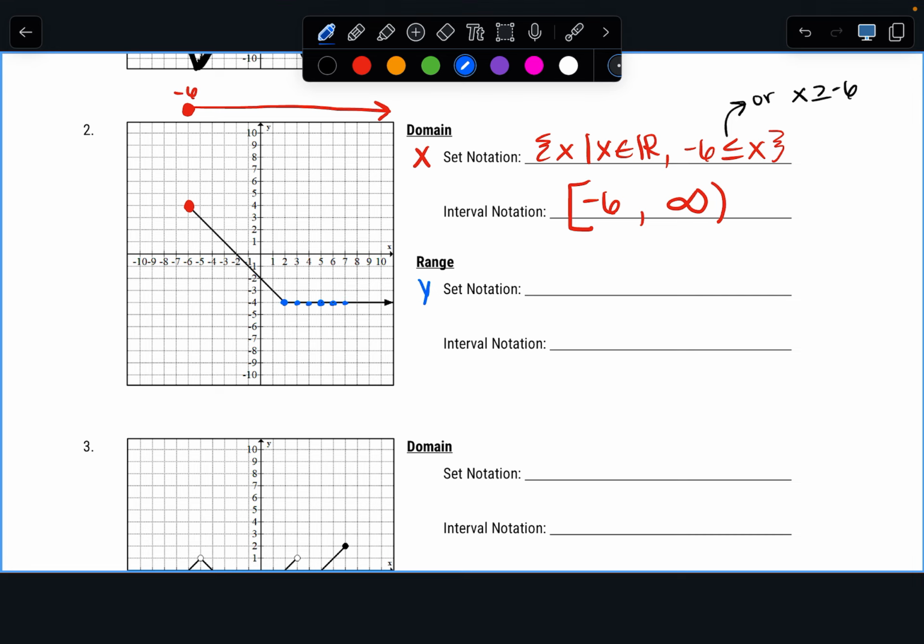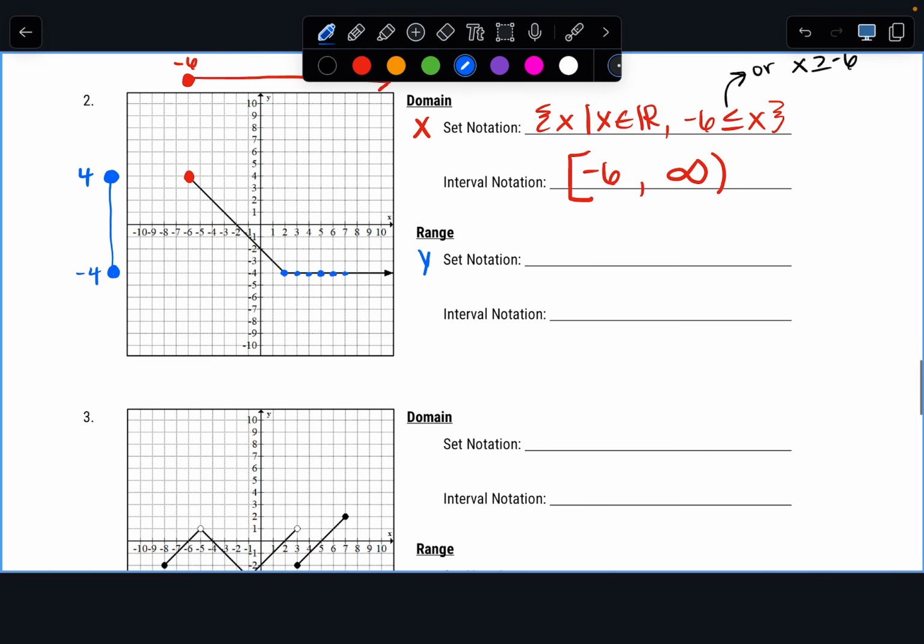So when I'm reading my range from bottom to top, the first value that I'm encountering is -4. And then I'm going up and going up, and I have another stopping point when I get to that highest value for y, which looks like it's +4. So when I write the range out, the least value that it includes is -4, and the greatest value that it's going to include is +4, because that's the highest point I get.